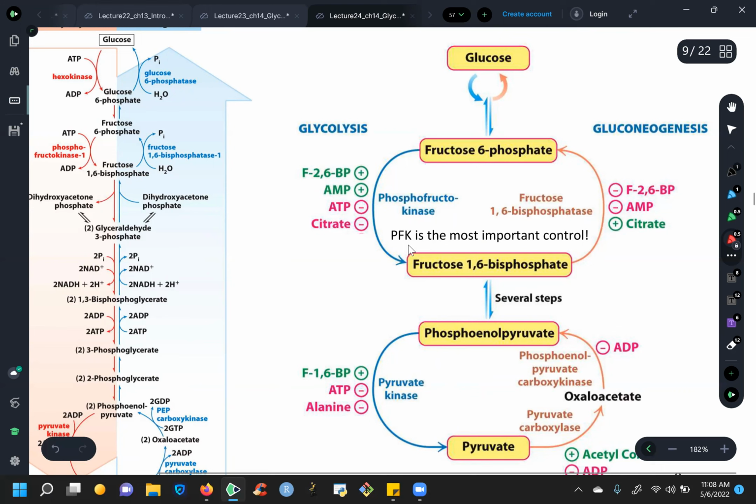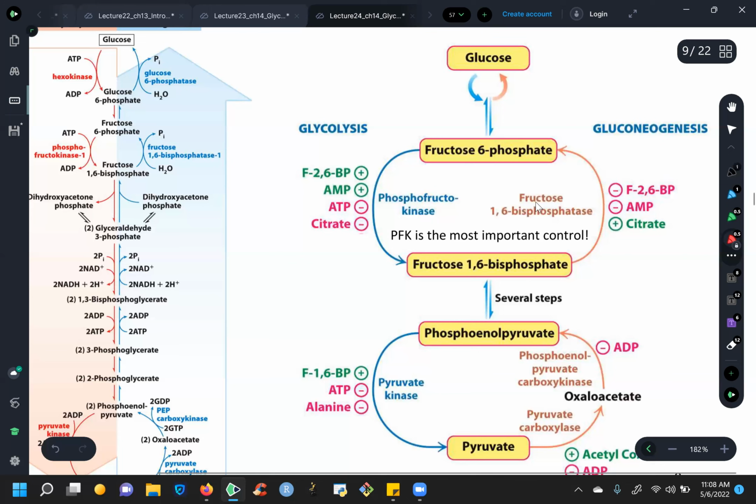Phosphofructokinase is the most important control. I've been telling you for about 3 lectures now that phosphofructokinase 1 is a very highly regulated enzyme because it's the first committed step in glycolysis. It's step number 3 and it's irreversible. So I would say that these 2 enzymes, phosphofructokinase and fructose 1,6-bisphosphatase, are really important.